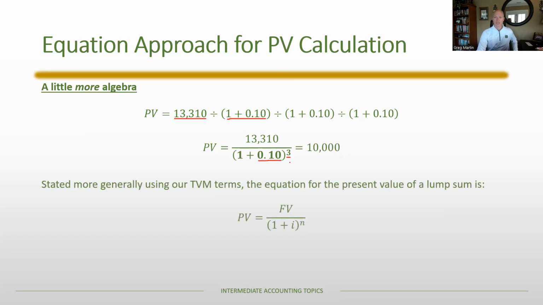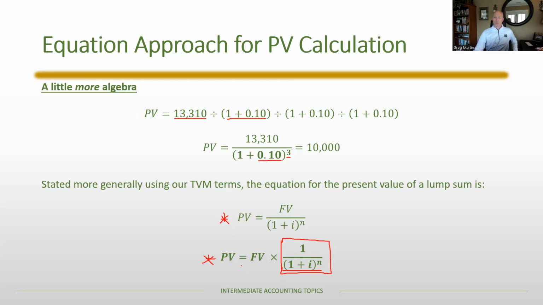So we take it as a general form. The present value is going to equal the future value divided by 1 plus i over n. The reason I rewrite it this way is that we're isolating what we call the present value factor. This second term, when we start using the tables, will be the basis for our present value factor. As far as a test in applying the equation, if you want to use this equation, that's fine, or you can use this equation. Either one would be completely fine with me.